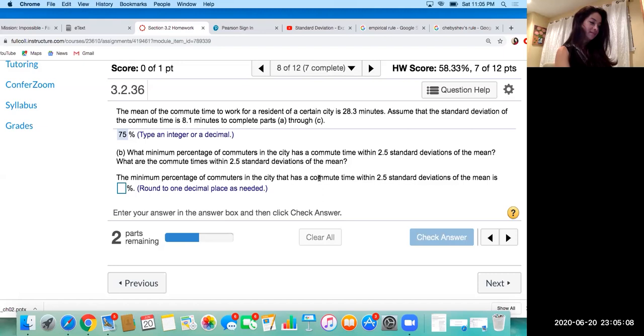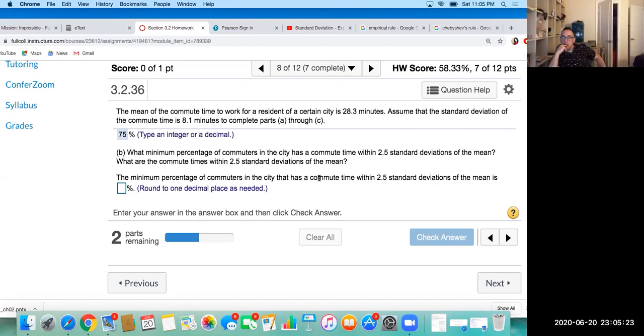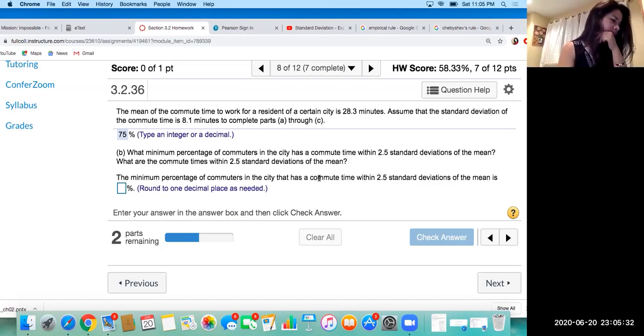Okay. So we said that 2.5 squared is 9 over 25. I think I'm doing it right. 0.16.